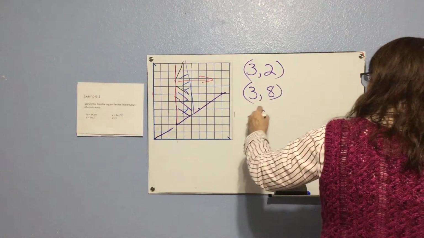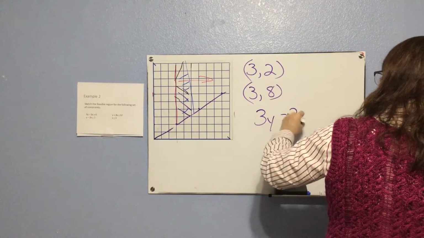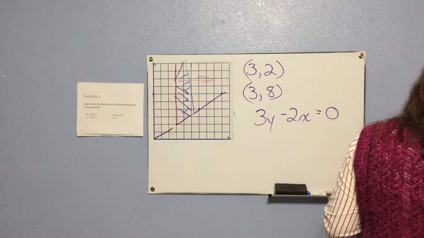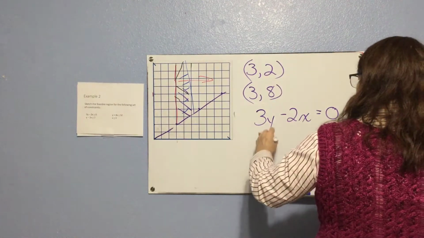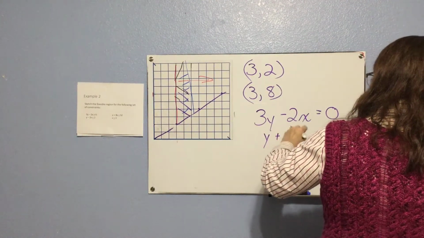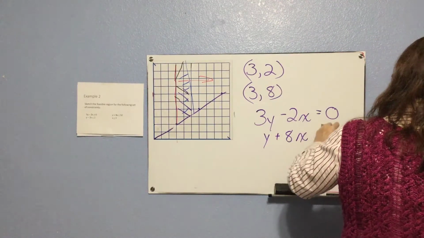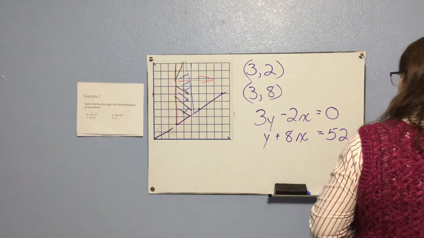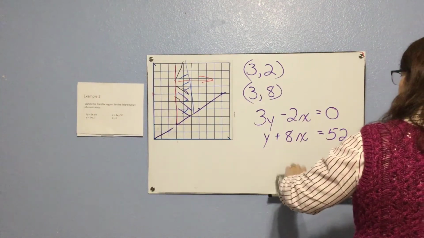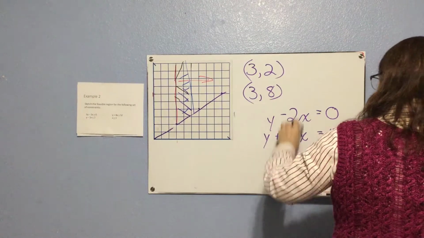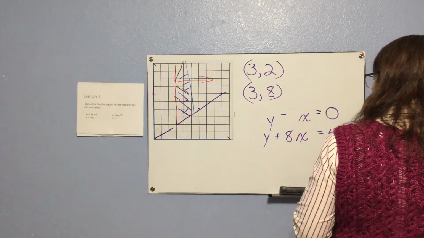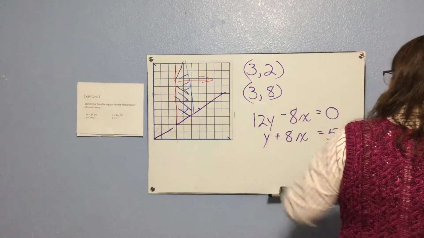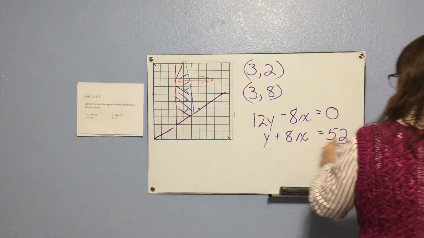So let's look at 3y minus 2x equals 0, and y plus 8x equals 52. So I'm going to multiply this top equation by 4, which will give me 12y, negative x, and the 0 would stay the same.